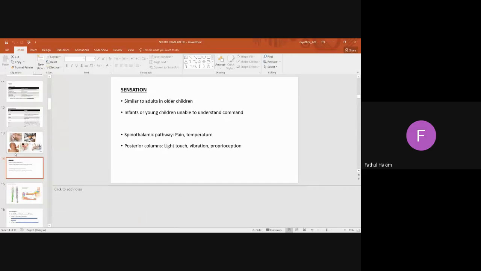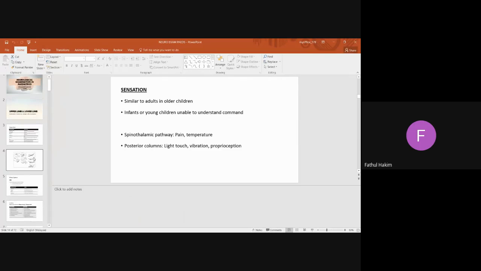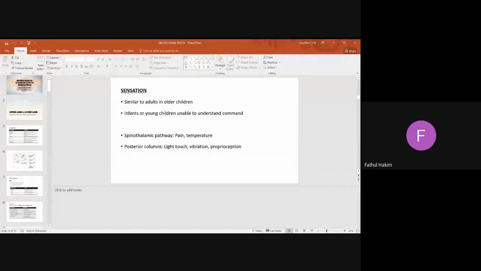For the motor examination in pediatrics, first I will introduce myself and what I want to do for the baby, and then I will inspect the child for swelling, bone scar, wasting, and involuntary movements such as gesticulation and tremor. I will assess based on TTR ABC, which is tone, power, reflex.